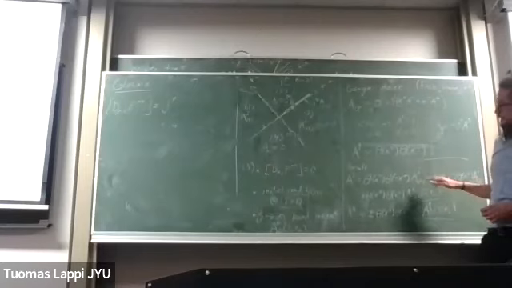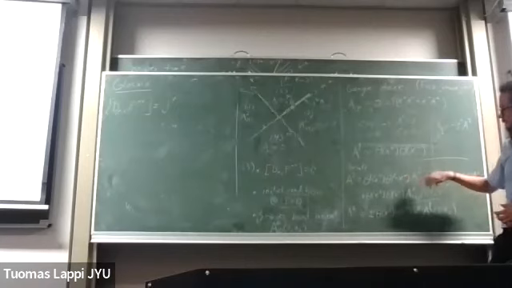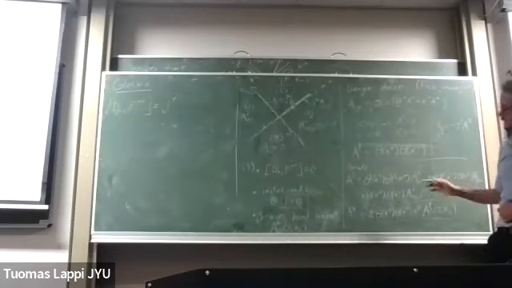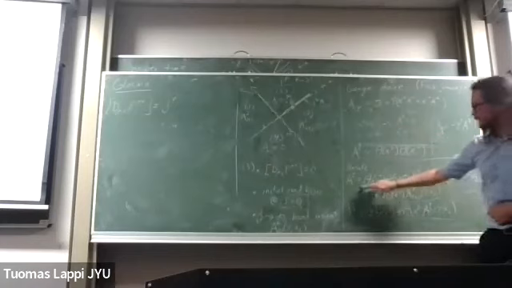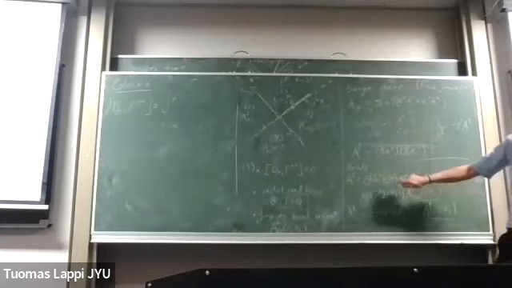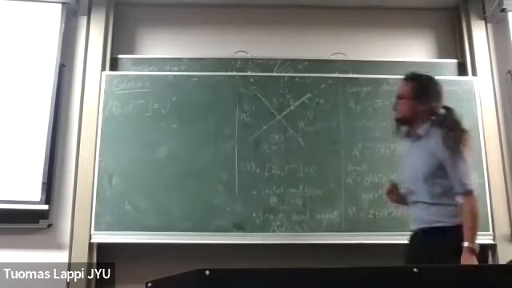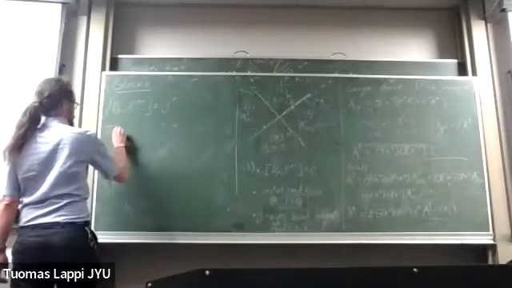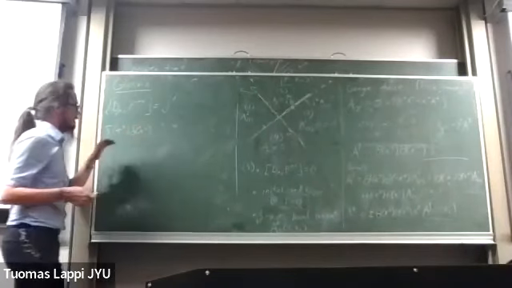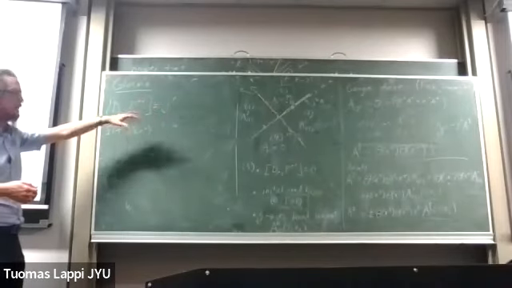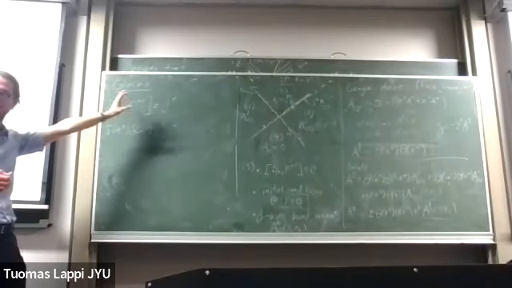Actually, for the first equation you don't even need to know about the currents. You just differentiate and take the contribution where there are two delta functions, a delta function of x plus and a delta function of x minus. So I plug all these things, and the ansatz, into the equation and look for the most singular terms.